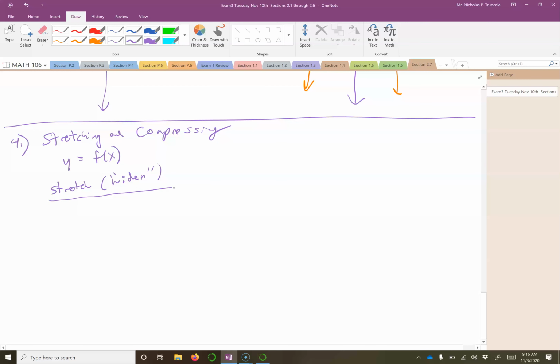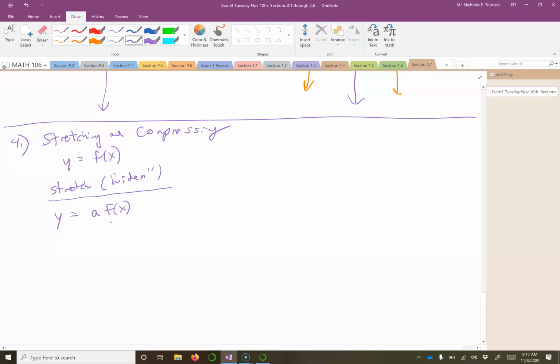So what does that look like? Okay, so we're going to put something in front of f of x. All right, and if we want to stretch it, it needs to be a value less than 1. So I'm going to call it a. And for stretching, a has to be less than 0. Okay? No, I'm sorry.